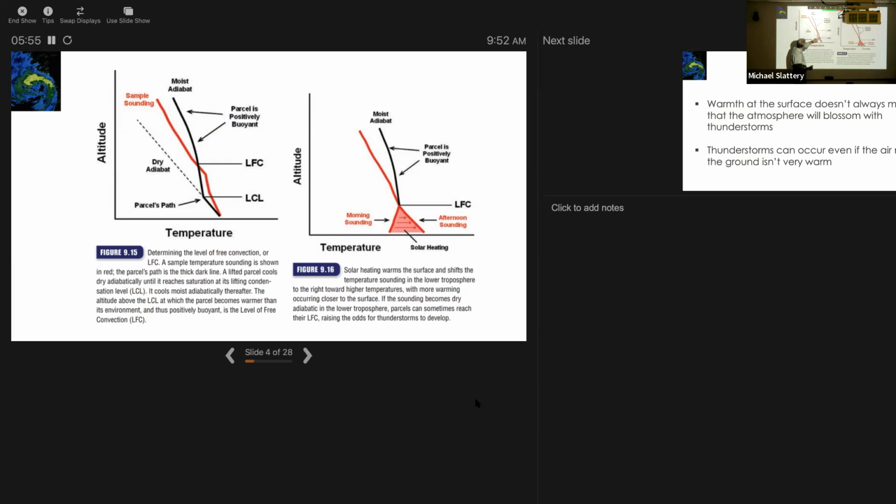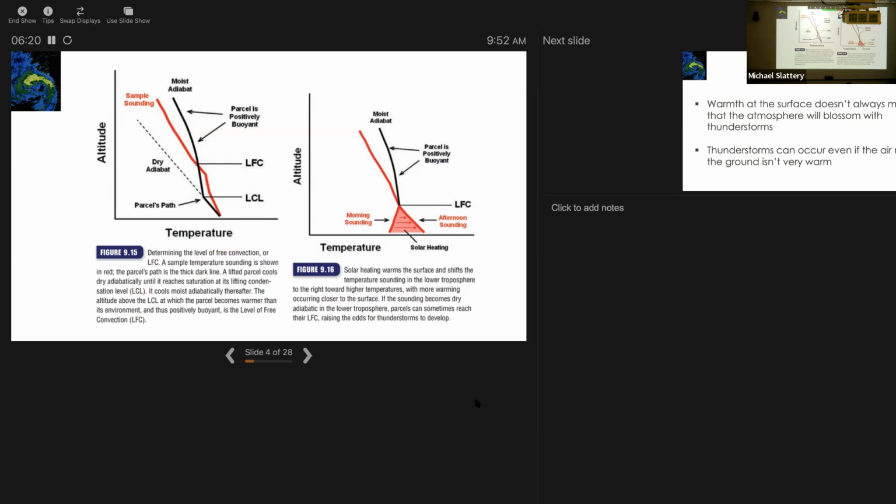Let's say the red looks like the morning sounding. You send up the weather balloon, and the red line gives you the environmental lapse rate. Then we say, okay, here's our parcel at the surface. We're going to lift it at the dry adiabatic lapse rate, reach its lifting condensation level, and it'll now cool at the saturated adiabatic lapse rate and intersect the environment there. That's the level of free convection, right?